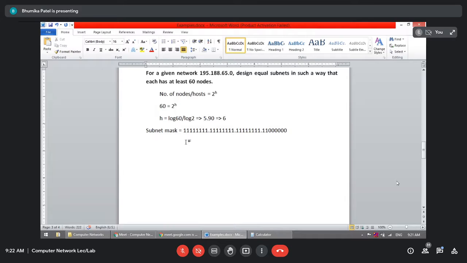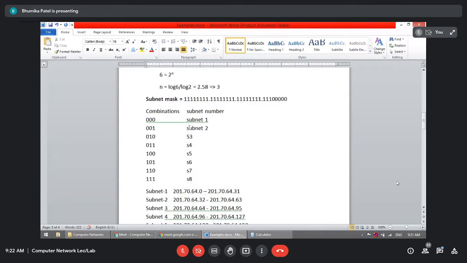From this you can identify the range of the subnet. Can you identify the range of the subnet? Yes or no?